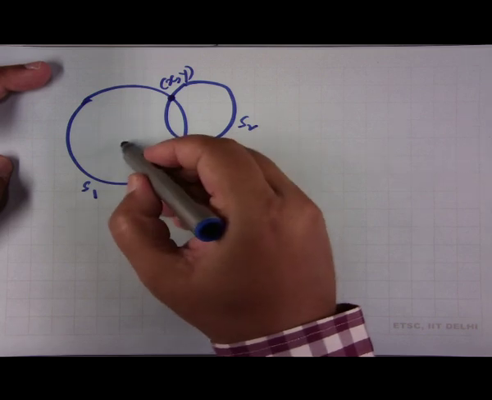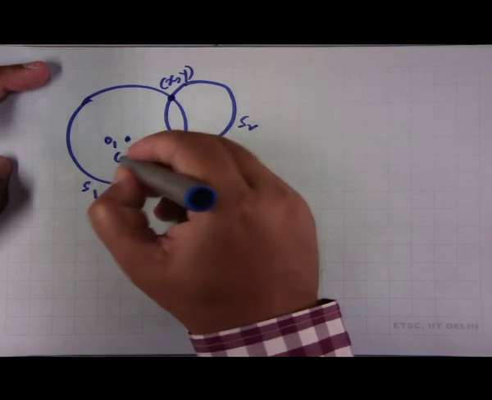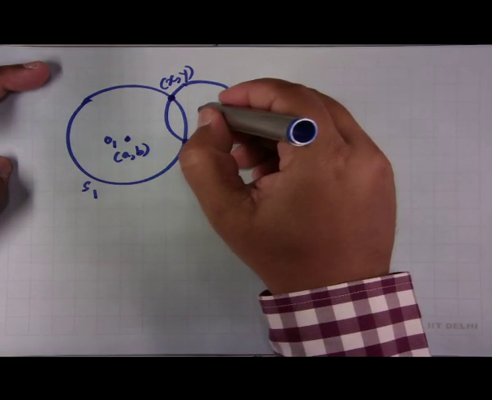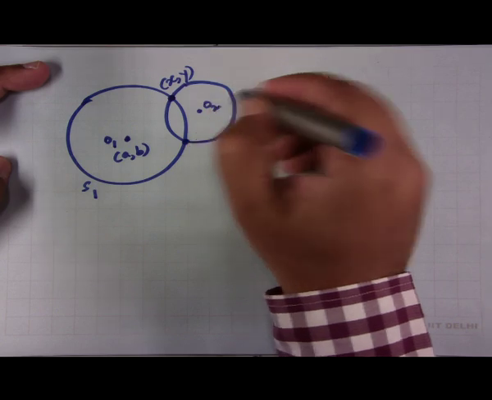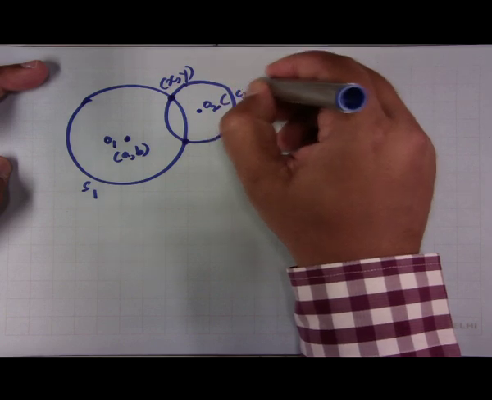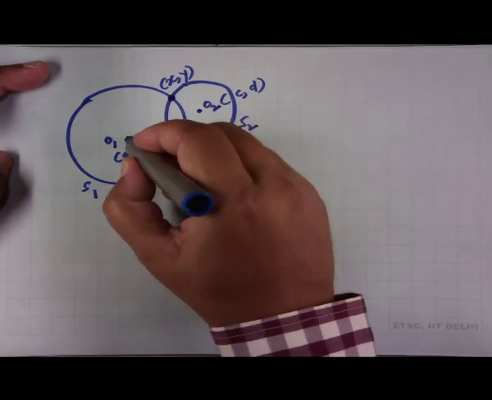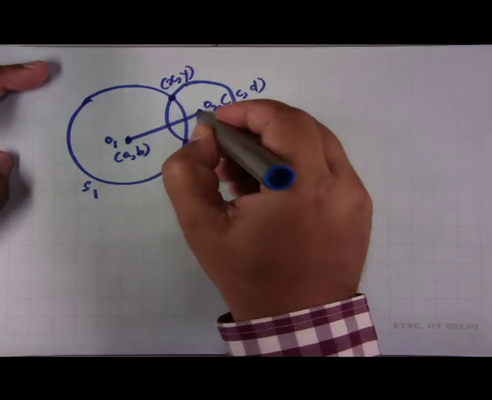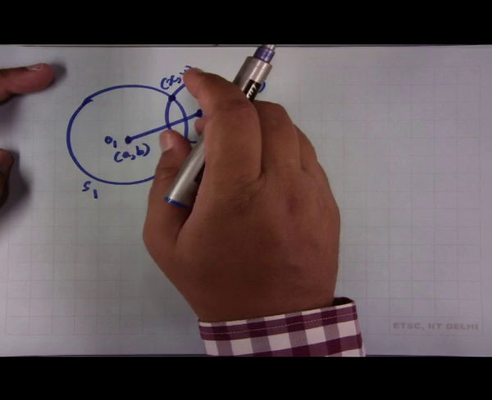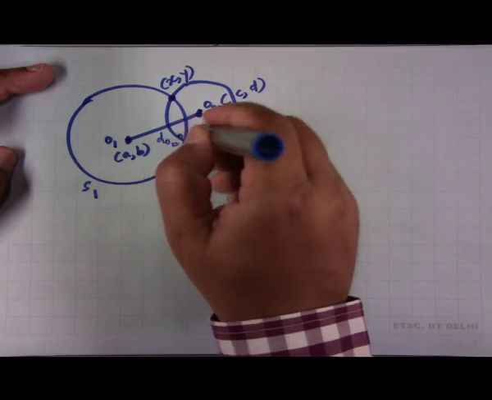So, this is the center O1 of the first circle whose coordinates I will denote by a comma b, and O2 is the center of the second circle whose coordinates I will denote by c comma d. And of course, this length of the straight line is the distance O1O2 between the two centers.